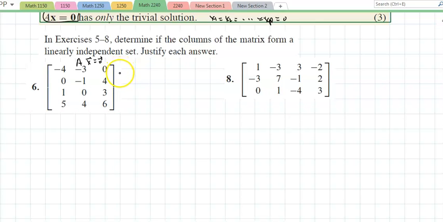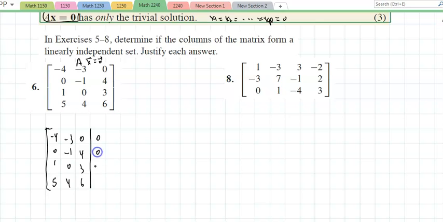So if I make this negative 4, 0, 1, and 5, let me make it, there we go. So something to get used to. Negative 3, negative 1, 0, and 4. 0, 4, 3, and 6.